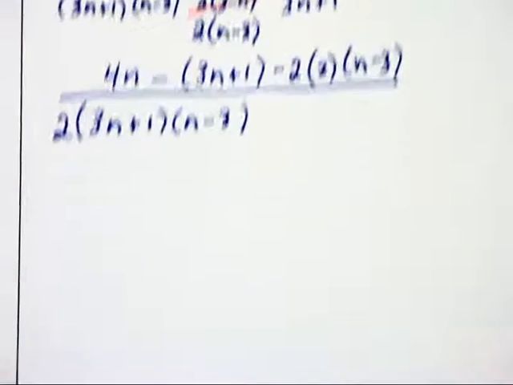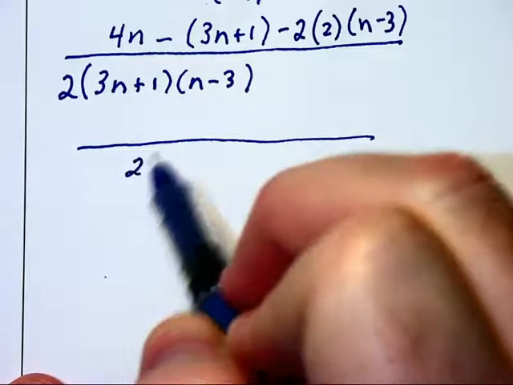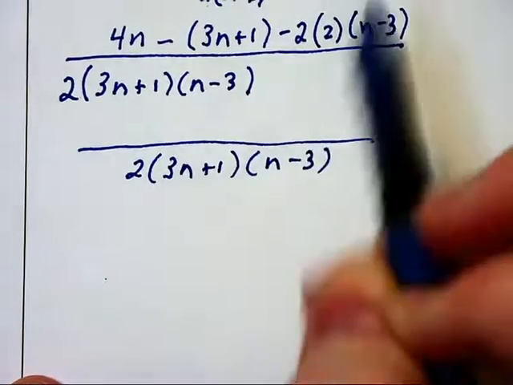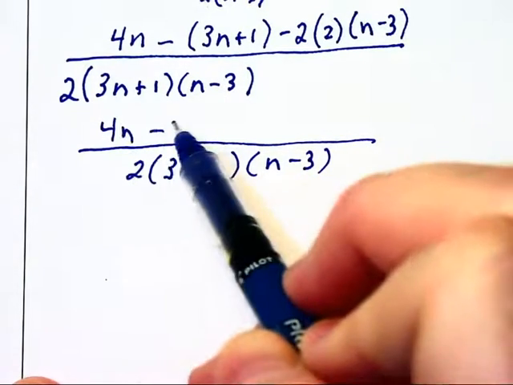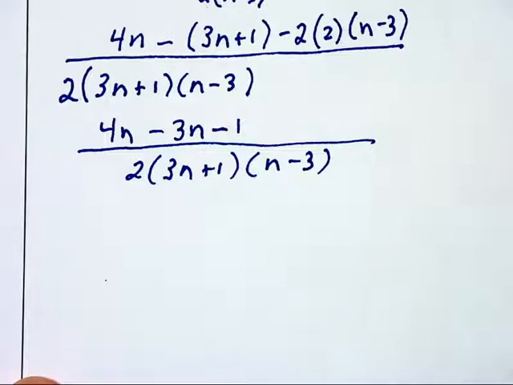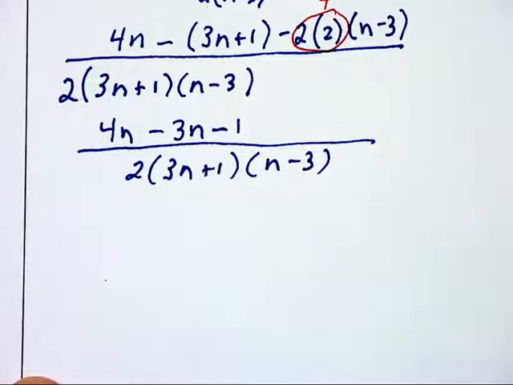Okay, now we can continue on here. There will be no change down below. 2 times 3n plus 1 times n minus 3. And up above, I'm going to do my distribution. 4n minus 3n minus 1. And then I'm going to treat this 2 times 2 as a 4 when I do my distribution.